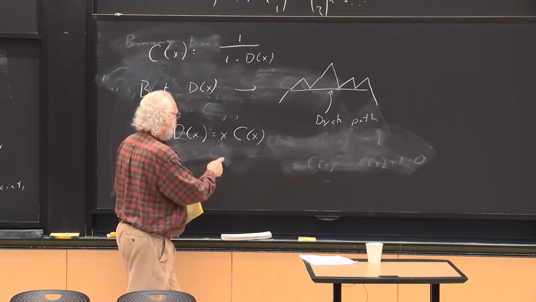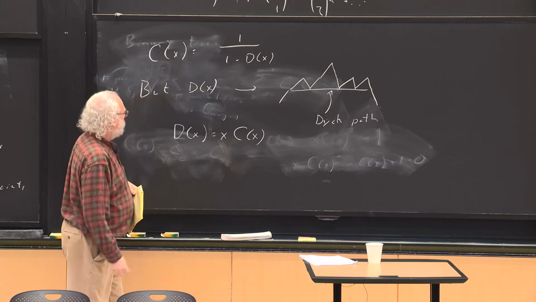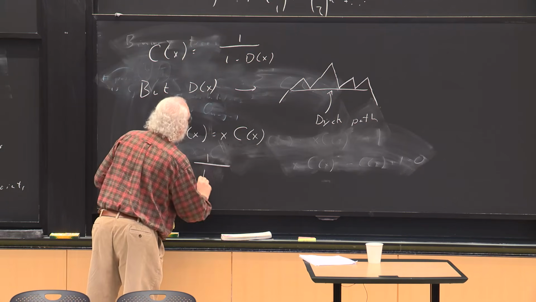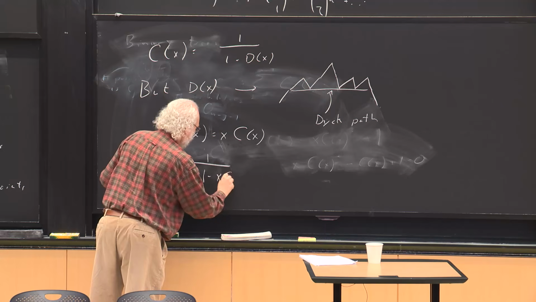So you get x times c of x. So we have c of x equals 1 over 1 minus x c of x.